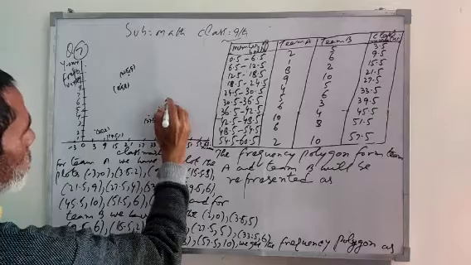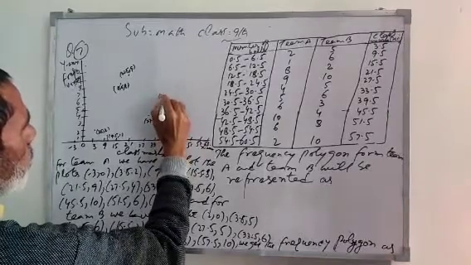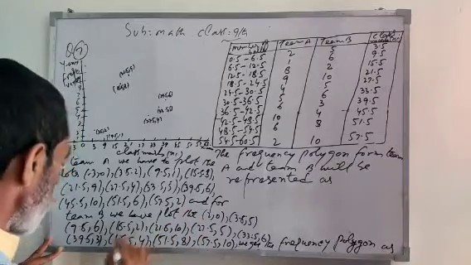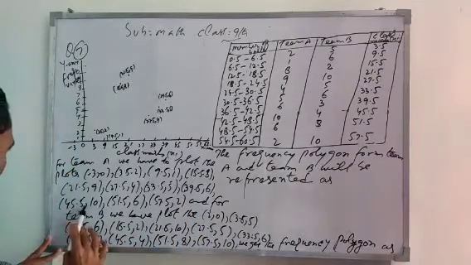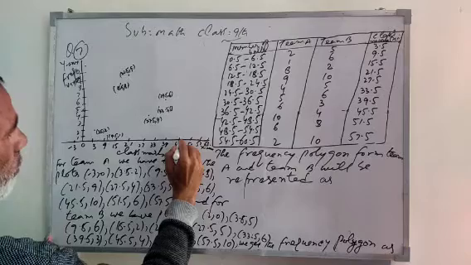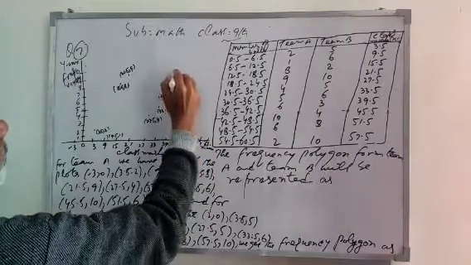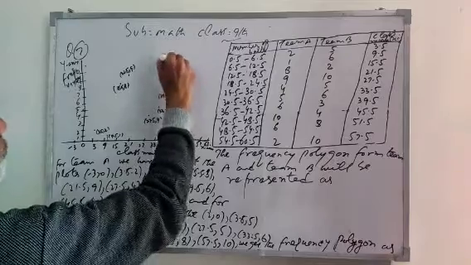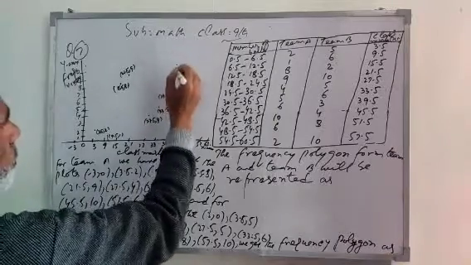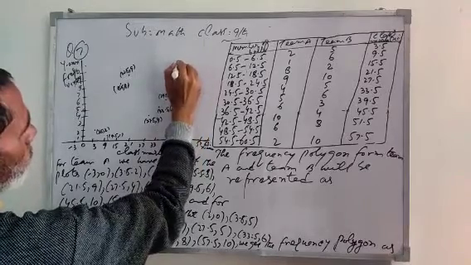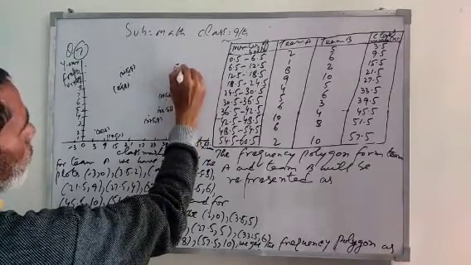This is 6. 45.5 comma 10. 10 is here. This is 45.5 comma 10.